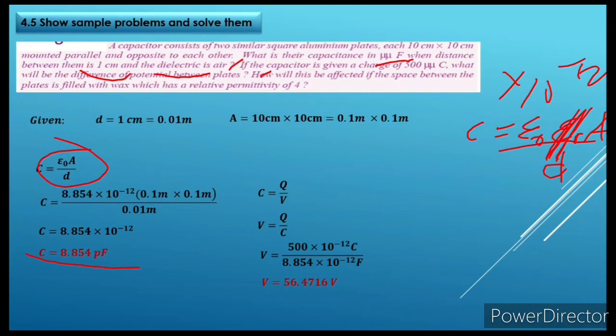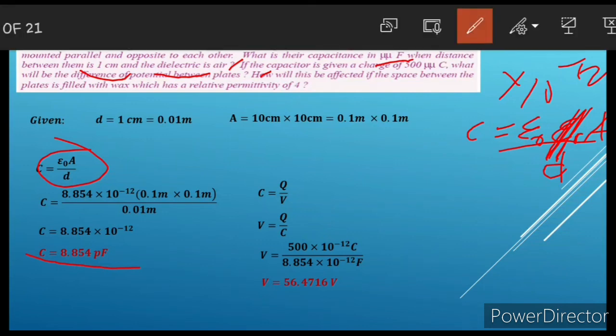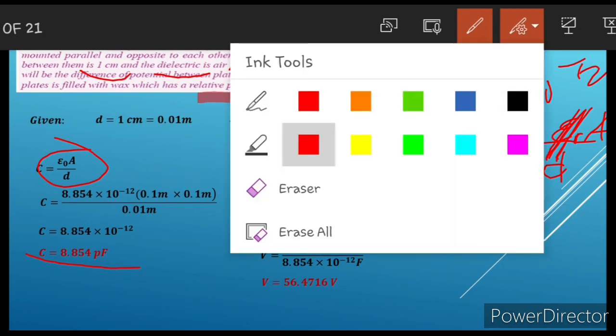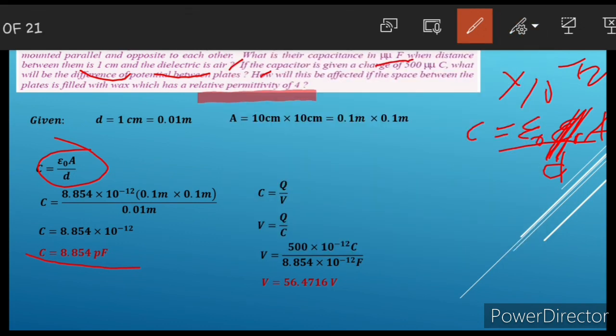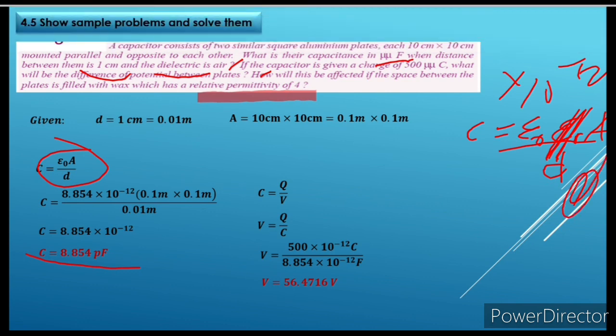And for the next unknown, how will this be affected if the space between the plates is filled with wax, which has a relative permittivity of 4? For this unknown, we have a given relative permittivity of 4, and we will be using this formula. C is equal to absolute permittivity times relative permittivity times area over the distance, and our relative permittivity is 4.